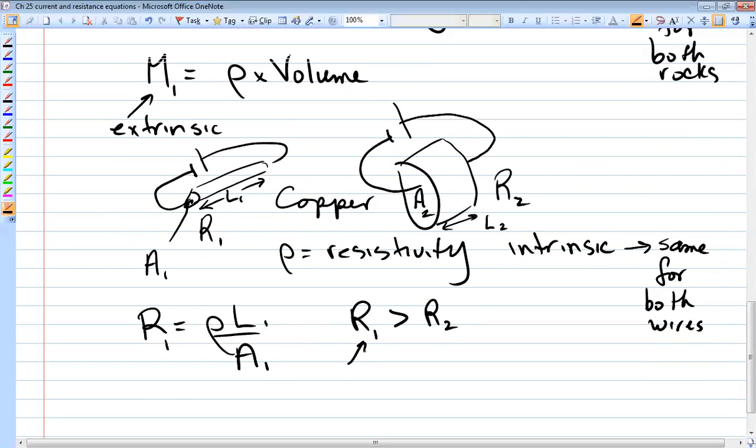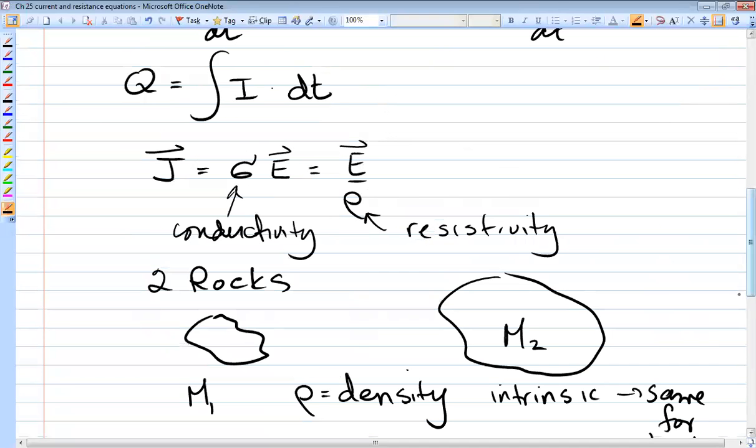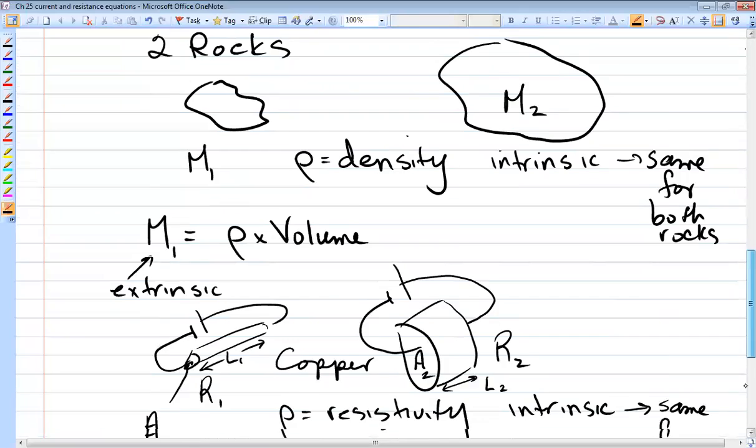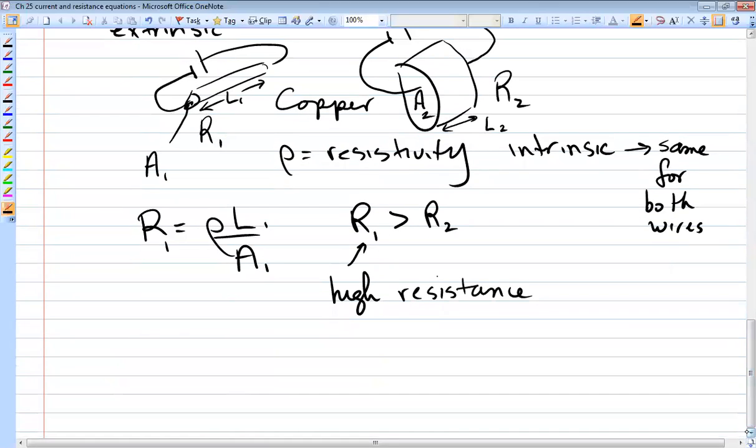So in other words, this would be high resistance, very difficult to get current to go through a long skinny wire. Much easier to get it to go through a short fat wire. And you can think of it just like a water pipe. If you have a long skinny water pipe, it's a lot harder to get water to go through than if you have a big fat short pipe. Okay, so this is high resistance. So that's the difference between resistance and resistivity.